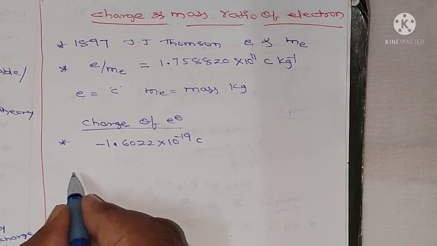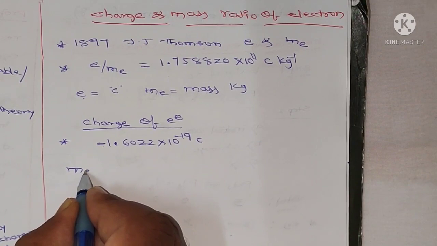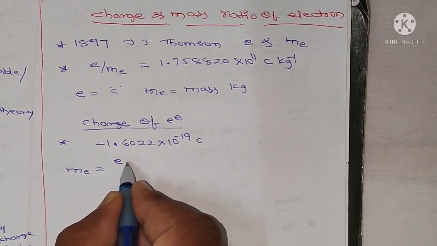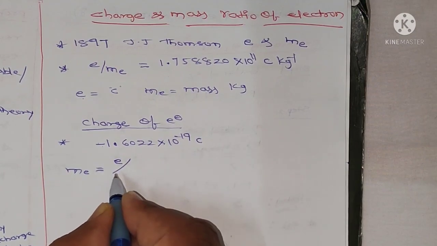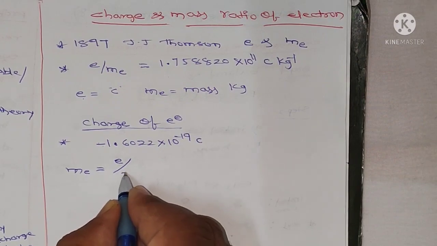The mass of electron Me is equal to the charge of electron divided by the ratio of charge and mass of electron.